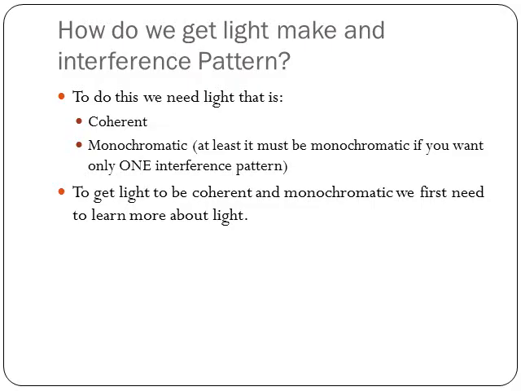Just being one frequency or the same frequency does not guarantee coherence with light waves or other electromagnetic waves. So exactly how do we get coherent and monochromatic light? We're going to talk about that in our next video about the phenomena of waves, because we first need to learn about some factors about waves first.